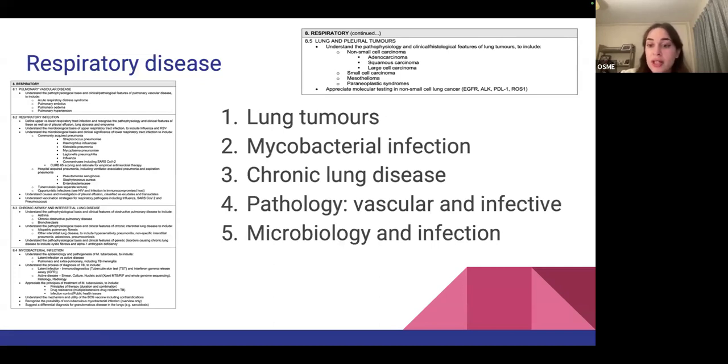We'll do a tiny bit on vascular and infective stuff, and then we'll have a summary slide on microbiology and infection. As much as they love giving you multiple lectures on a lot of the infection aspects, there are some bits which continually come up in exams. So hopefully we can summarize it into the weird and wonderful, but also the bits that are high hitting.